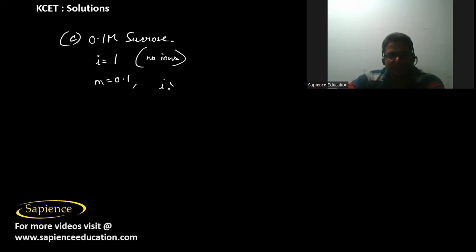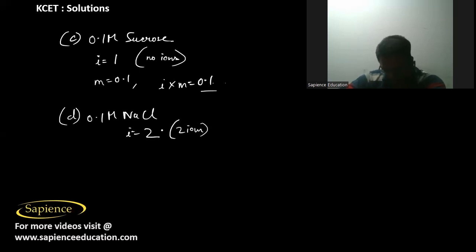So therefore I into M value is 0.1 only for the sucrose solution. And for option D, that is 0.1 molar NaCl, I is equal to 2, since it will give two ions, sodium ion and chloride ion, and molality is 0.1. So therefore I into M value is 0.20.